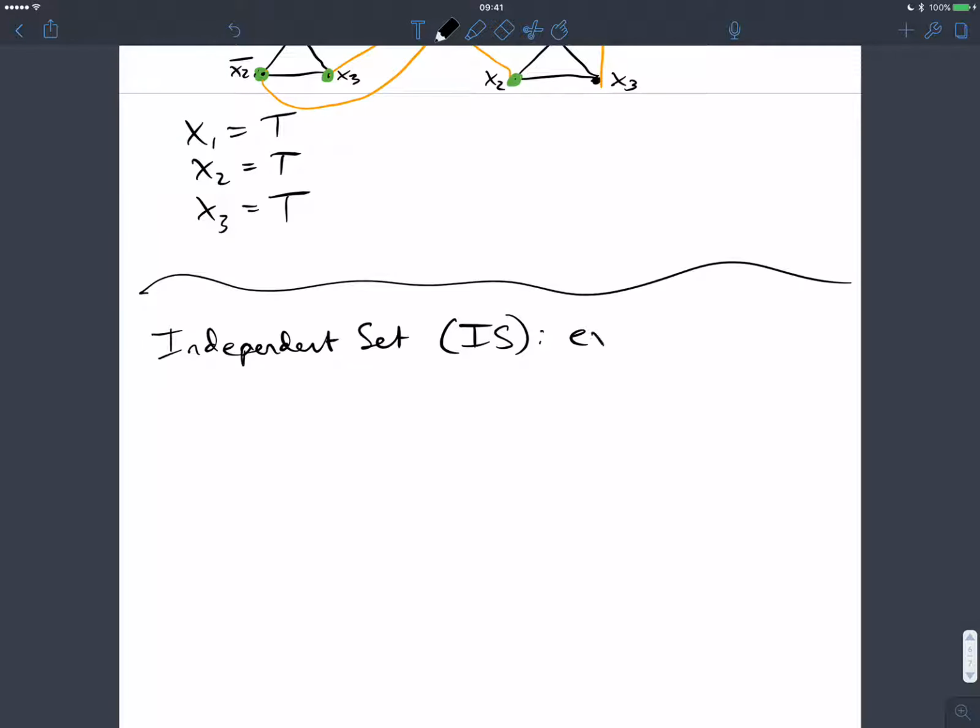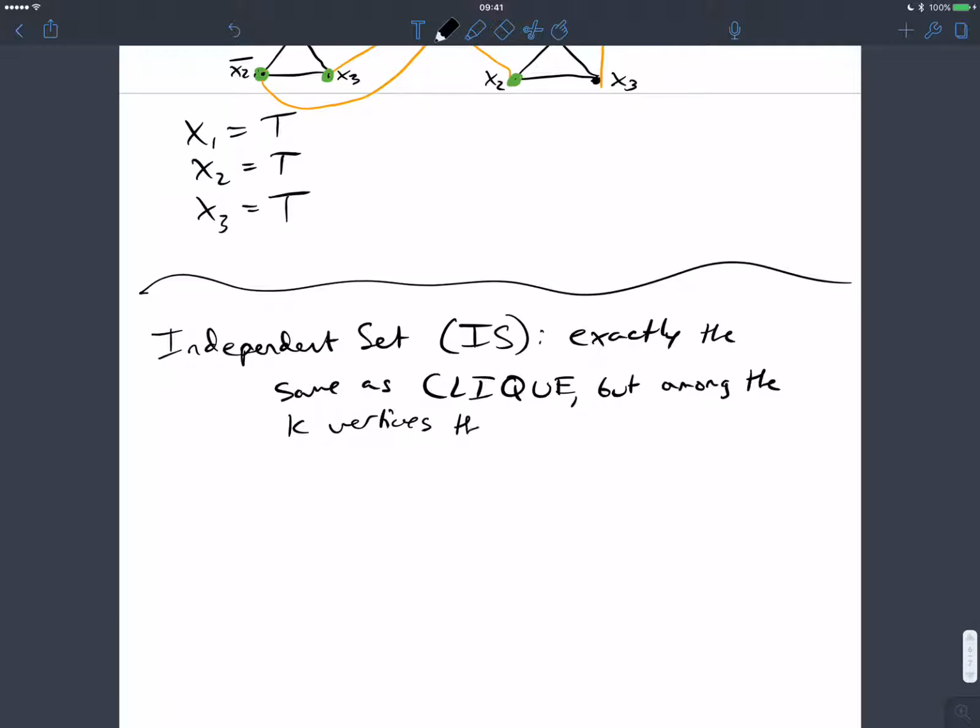This problem is exactly the same as clique, but among the k vertices, there is no edge. For clique, it was a complete subgraph, every single edge is there. But here, there is no edge among those k vertices. So these vertices are completely independent of each other, hence the name.